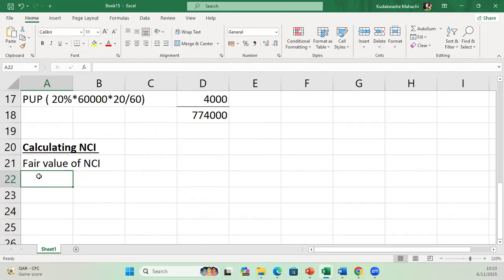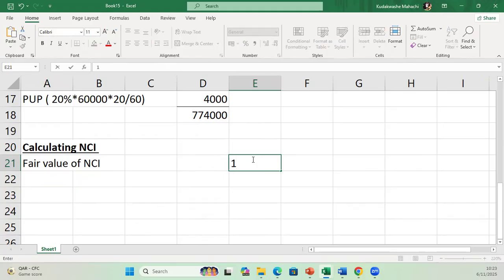Fair value of NCI. So the fair value of NCI we were given at acquisition, was it 1.1? If it is not given, you take the shares not bought times the market price of the shares.